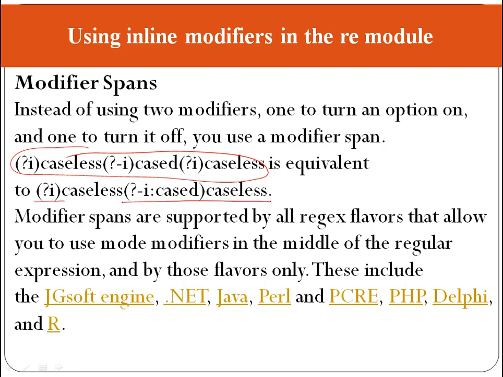Modifier spans are supported by all regular expression flavors that allow you to use the mode modifier in the middle of the regular expression, and by those flavors only. These include JGsoft engine, .NET, Java, Perl, PCRE, PHP, Delphi, and R. So these are inline modifiers that you can use.